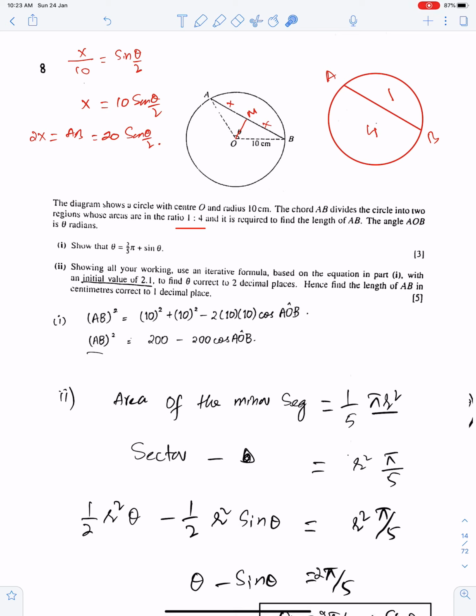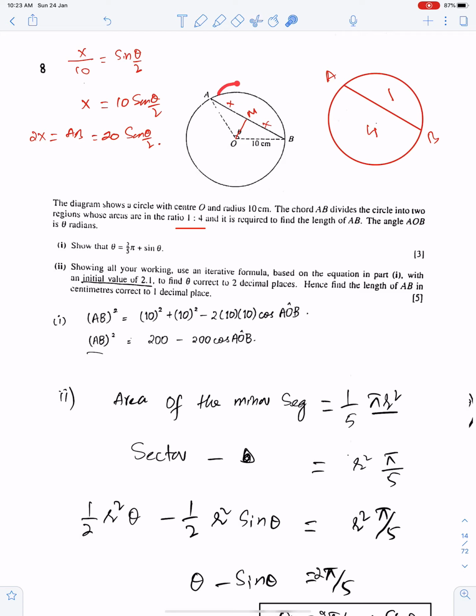And how do we get this length AB? You have options. Either you can use the cosine rule, or you can drop a perpendicular from the origin O to the chord AB. This is OM. This is not O, this is the origin, I'm sorry.